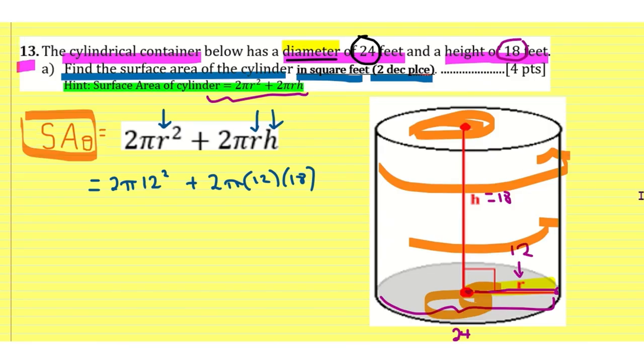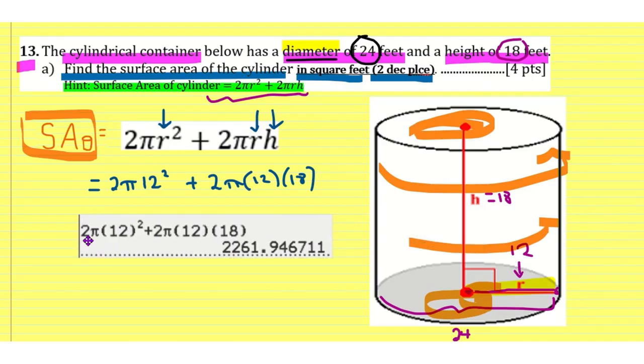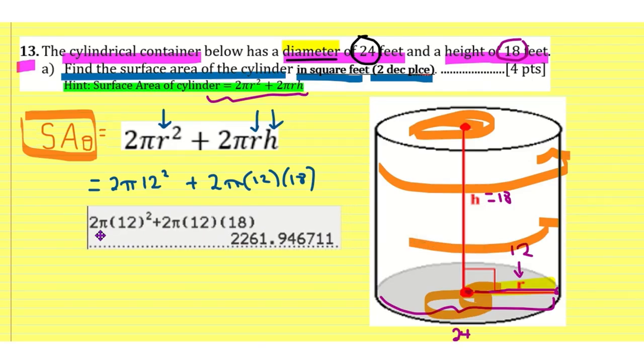So if we put that in our handy dandy calculator, we can let it kind of do the work for us. So you see here, I've plugged in the 12 squared for the radius, and here's the 12 for the radius, and 18 for the height.